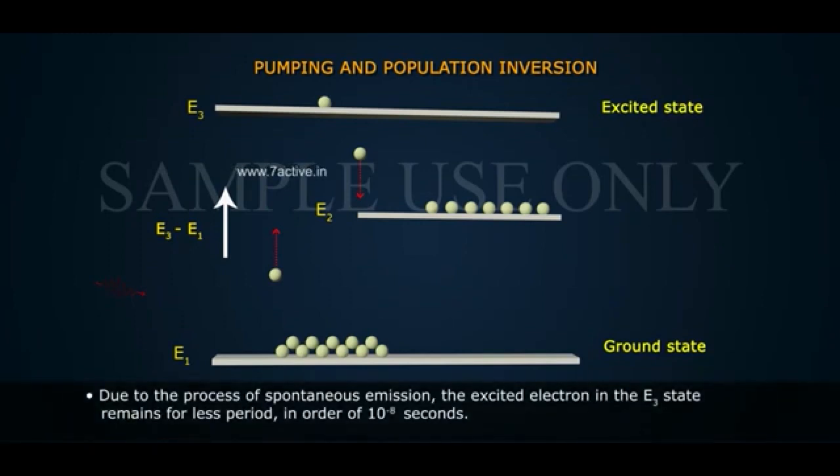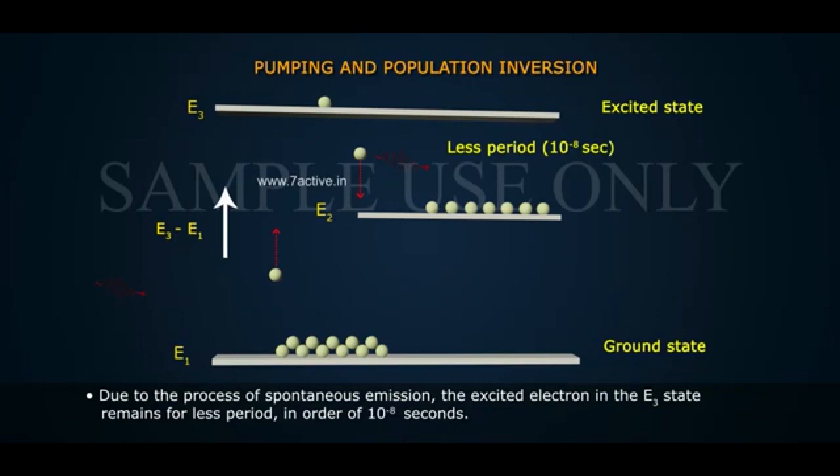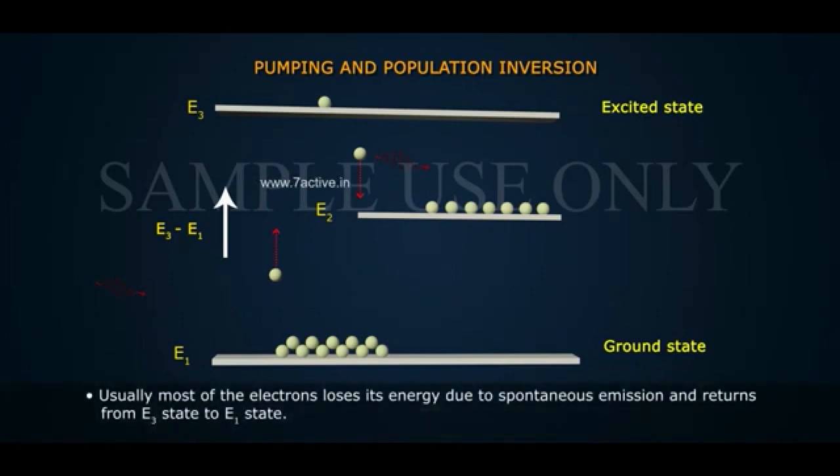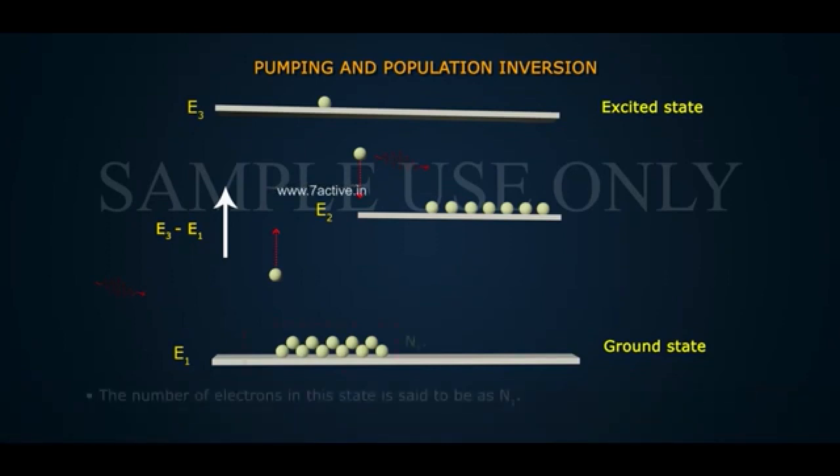Due to the process of spontaneous emission, the excited electron in the E3 state remains for a short period, in the order of 10 power minus 8 seconds. Usually, most of the electrons lose their energy due to spontaneous emission and return from the E3 state to the E1 state.